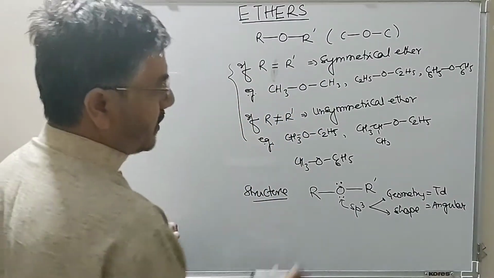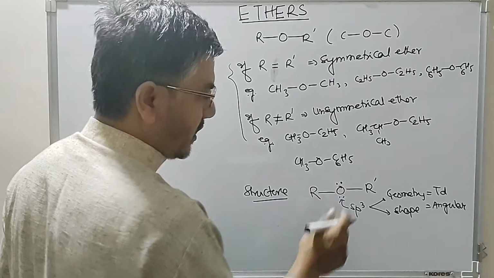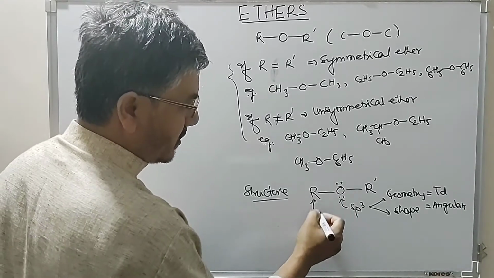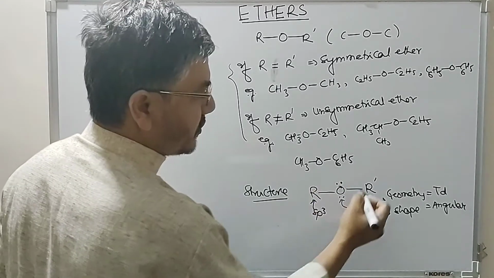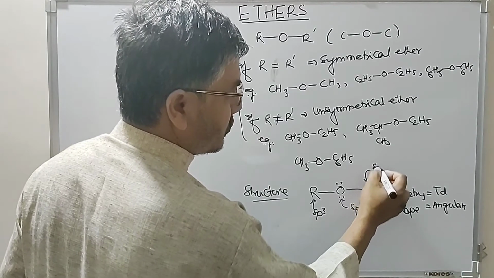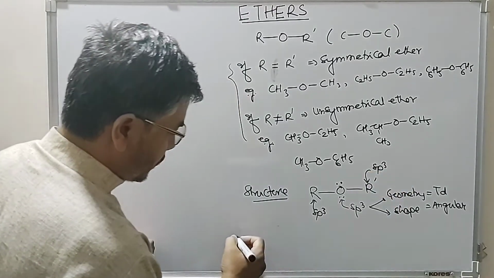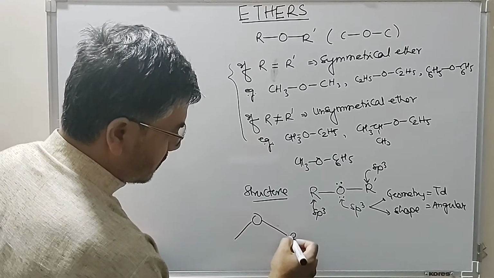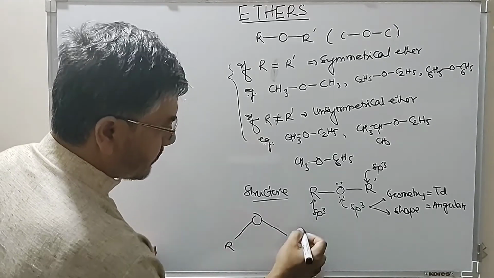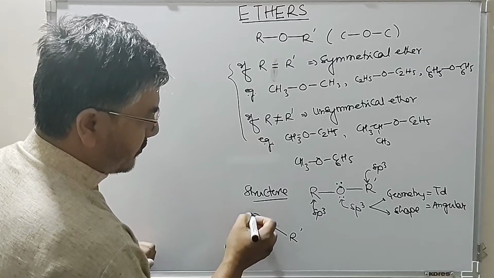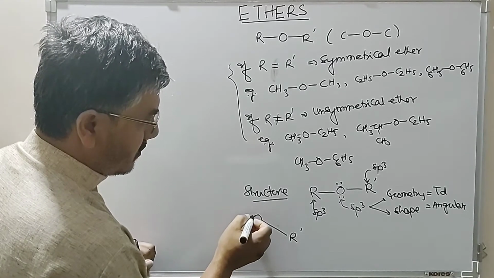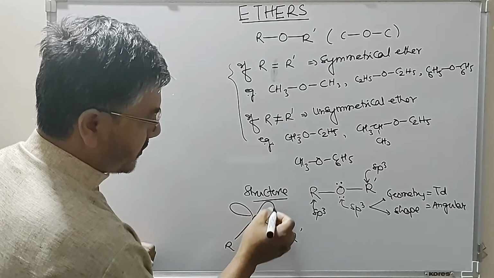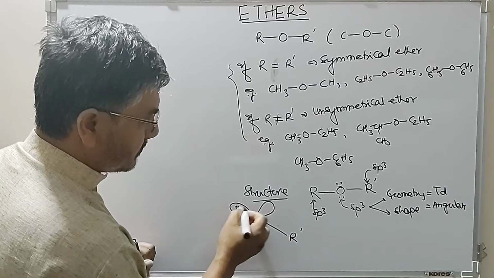Now the bond angle between R, O, R: this carbon is also sp3 hybridized, so we have two lone pairs of electrons on the central atom.